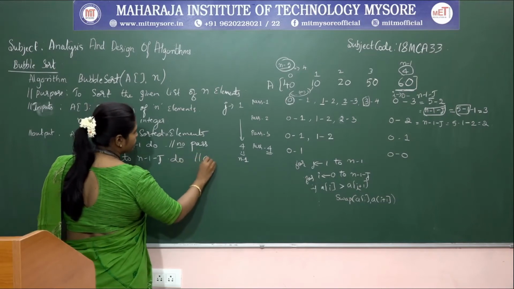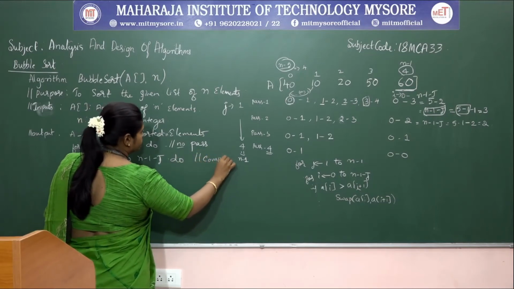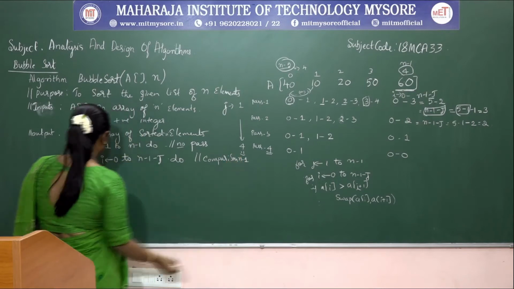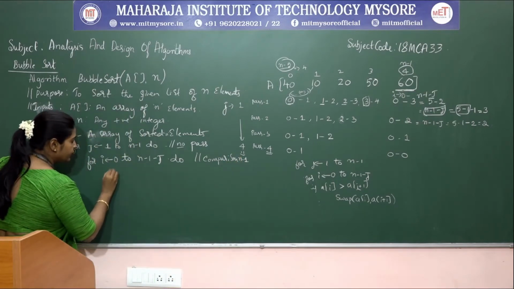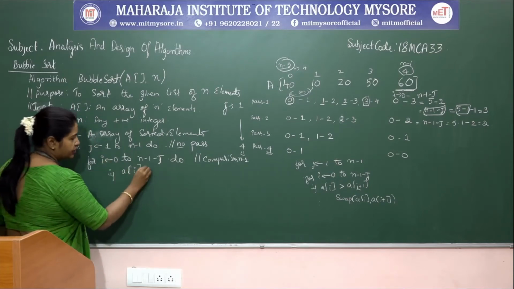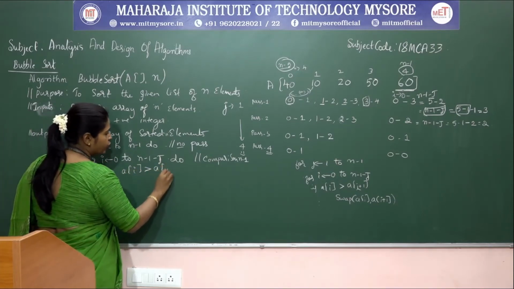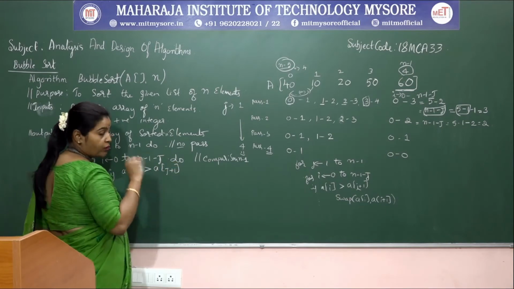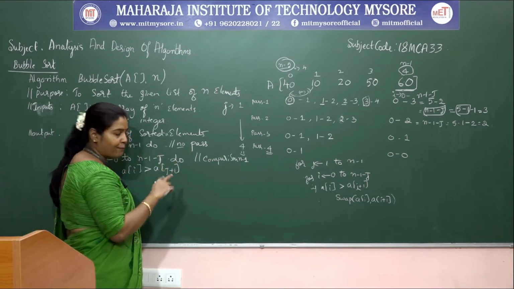This is for comparison. So what we are doing? If the adjacent element a of i is greater than a of i plus 1, what we need to do? We need to swap, right?